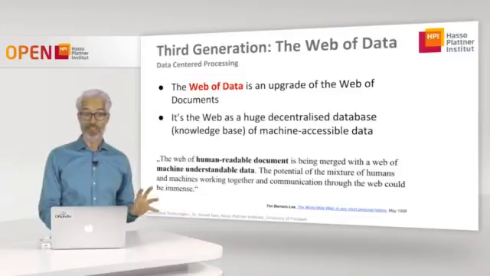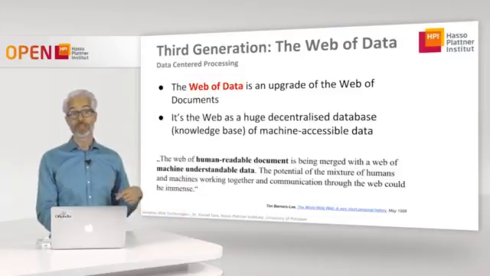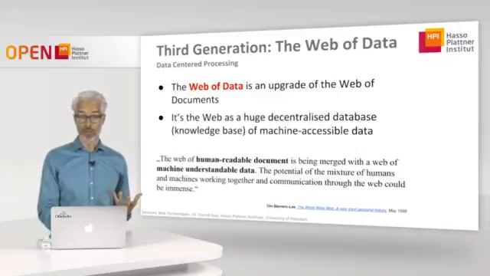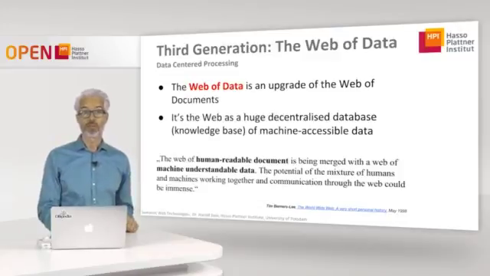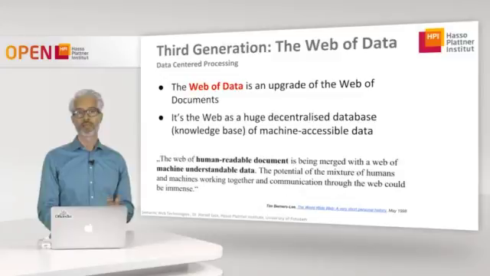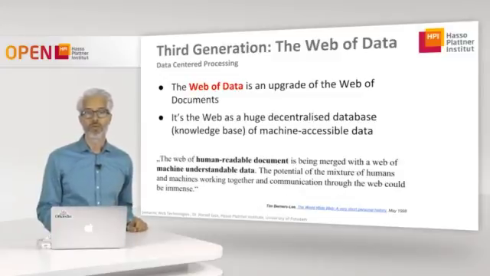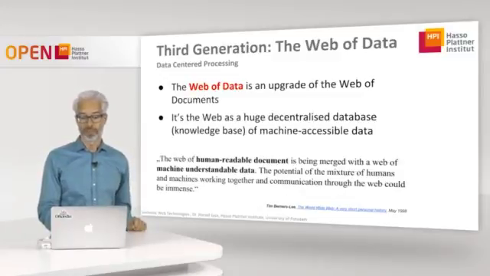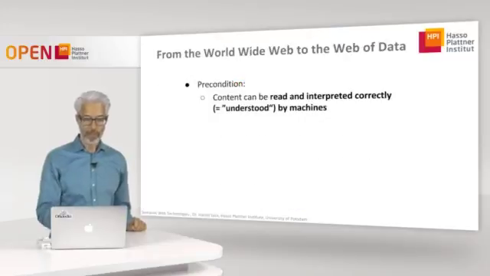Notice it's machine understandable, so not only machine readable: the data can be understood by machines, which means it can be interpreted correctly. And then, of course, the potential of humans and machines working together and communicating through the web could be immense.